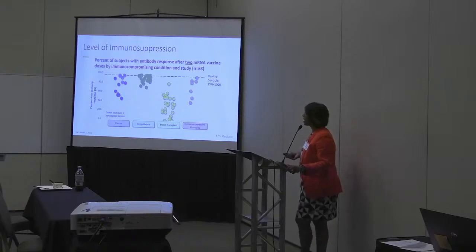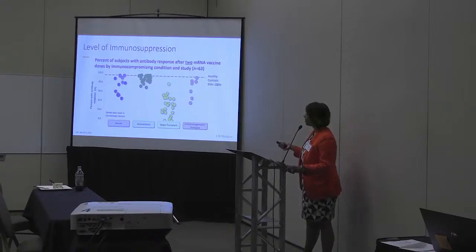Patients receiving chemotherapy have a variable rate of response. Potentially the darker blue ones, which are hematologic cancers, have lower antibody response rates. Patients on hemodialysis actually did okay. So even though that's a relatively immunocompromising condition, patients seem to respond to the 2 mRNA COVID vaccines. But as you can see, organ transplant patients cluster on the lower side in terms of antibody response.